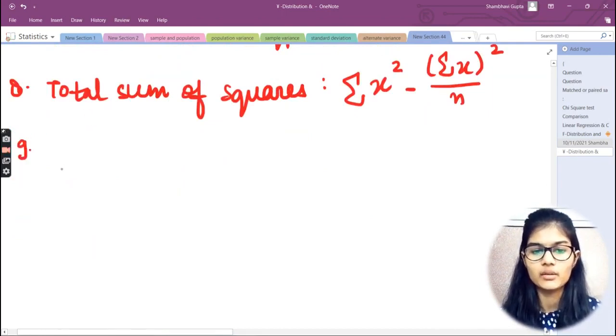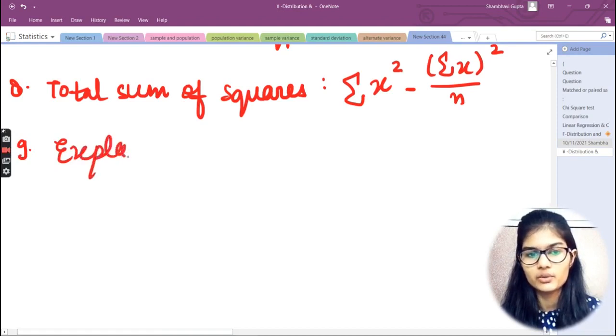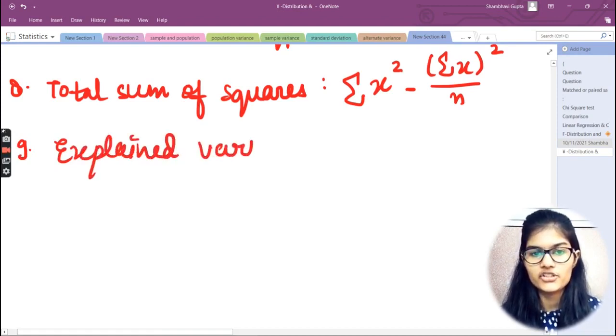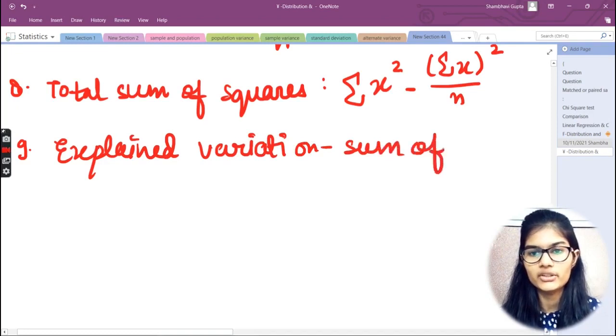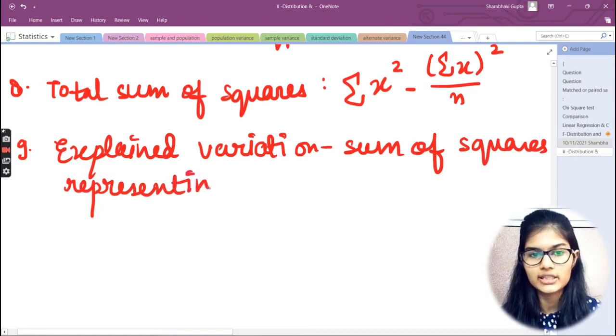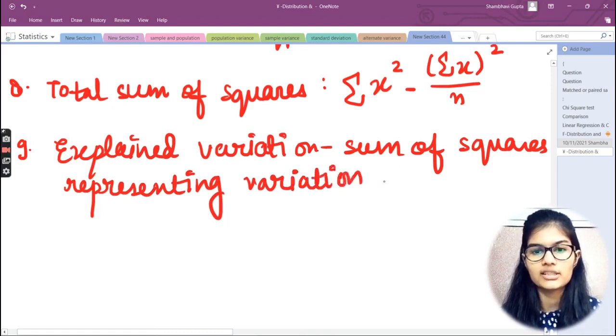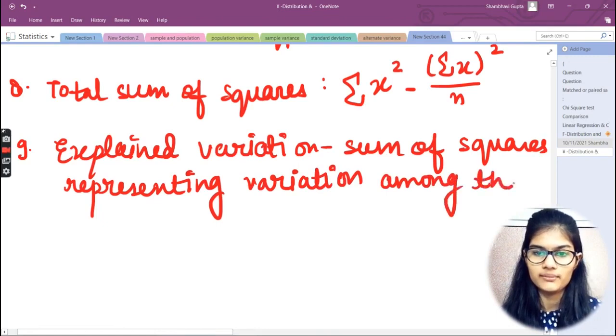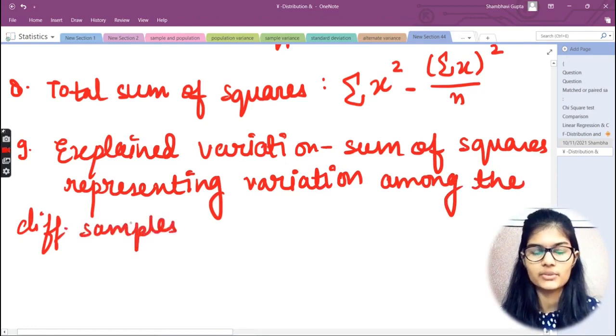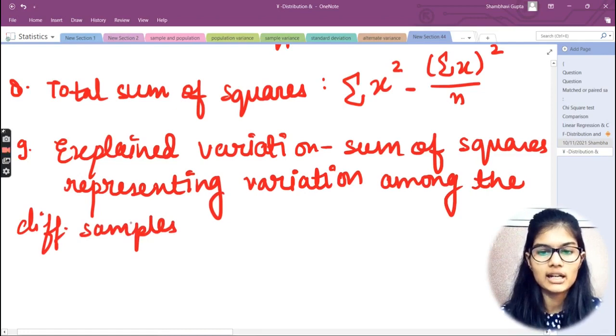Then we have the explained variation. Now that we have a sum of squares representing the variation among the different samples, that is completely the explained variation, and we could write that as SS between.